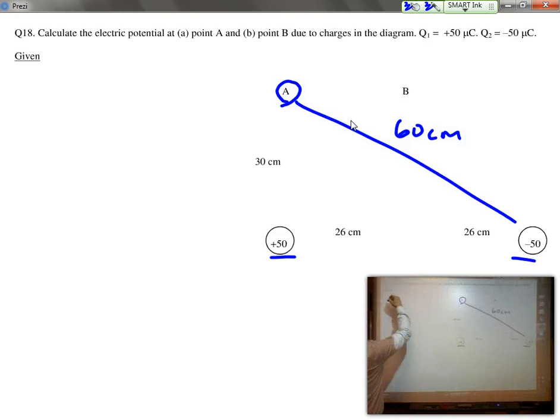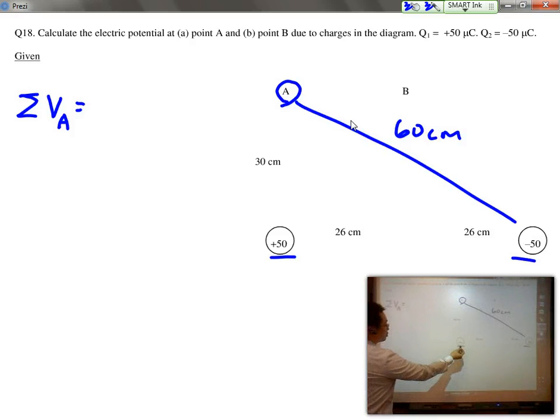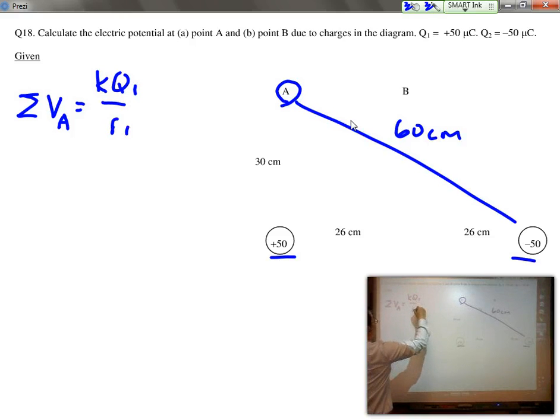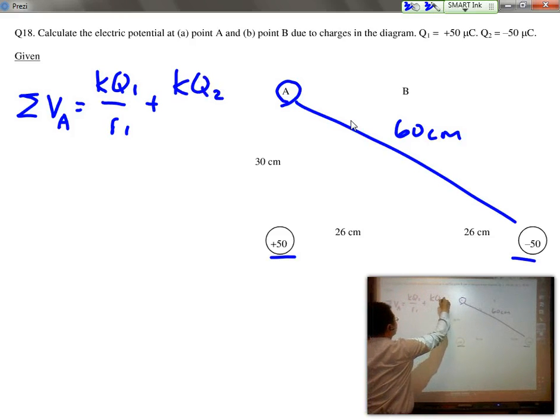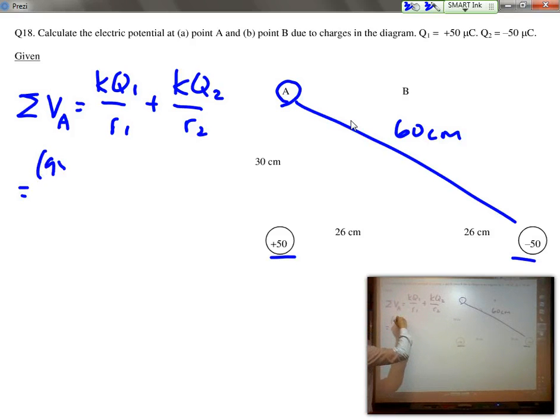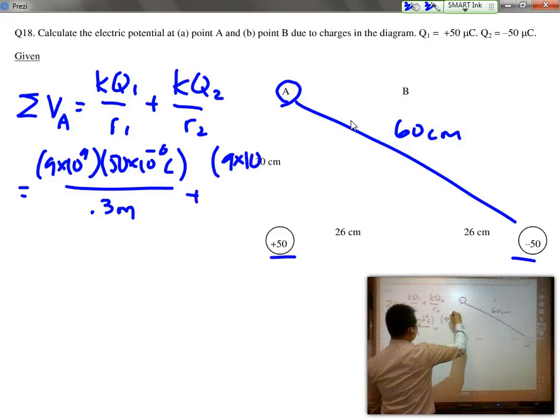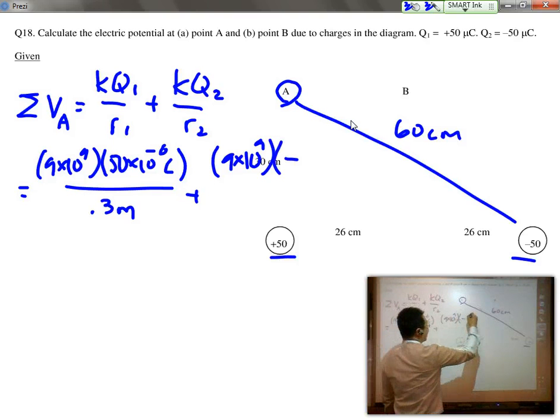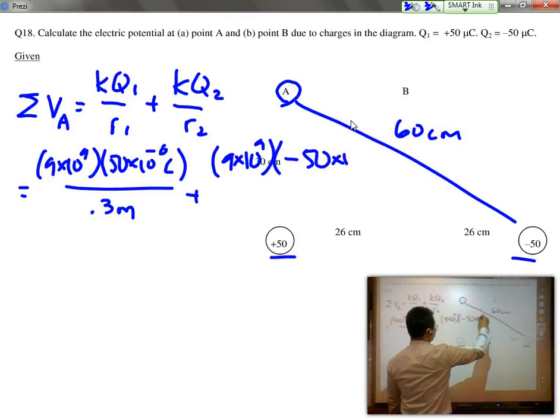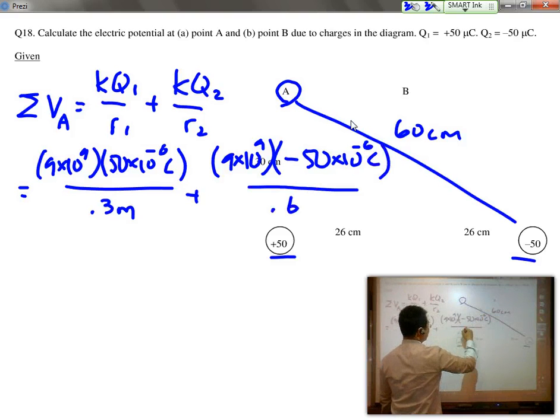And so at A, the total electric potential V at A will be created by the first charge of 50 microcoulombs. So it would be KQ1 over R1 plus KQ2 over R2. So that would equal 9 times 10 to the ninth times 50 times 10 to the negative 6 coulombs divided by 0.3 meters, plus 9 times 10 to the ninth times negative 50 times 10 to the negative 6 coulombs divided by 0.6 meters.